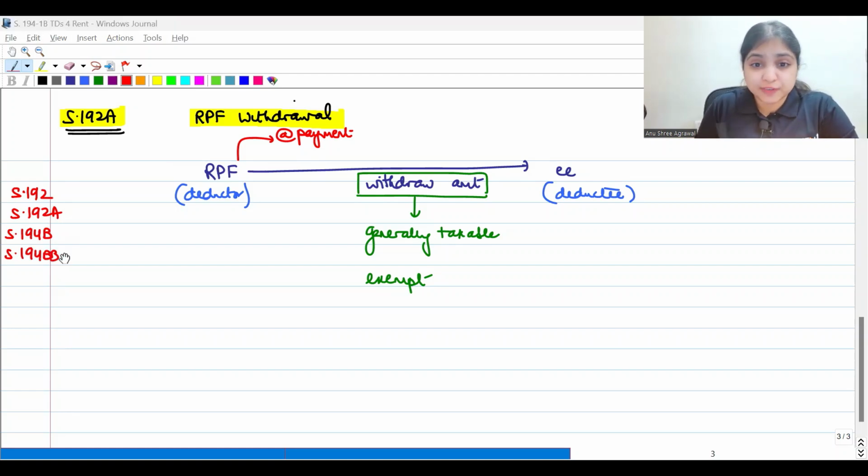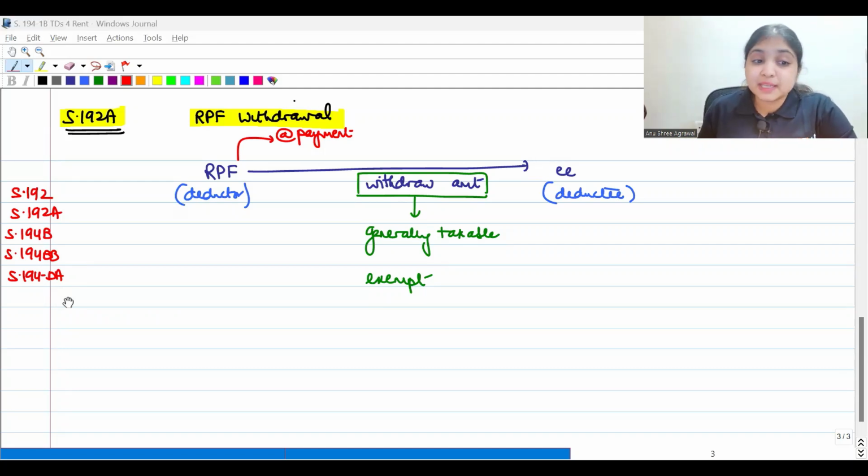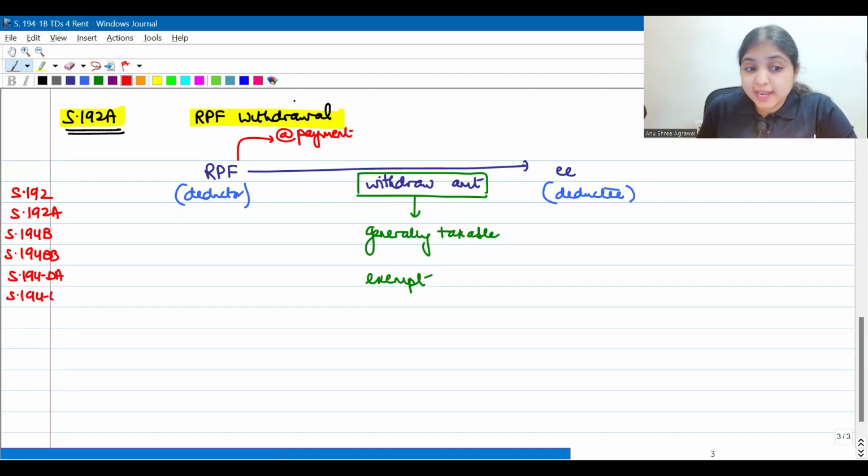In these sections also we deduct tax at the time of payment. Then remember we had learnt about section 194DA, maturity proceeds of life insurance policy. Even here tax is deducted at the time of payment. Then we had section 194LA, your compulsory acquisition section. Section 194N, cash withdrawals. In all these sections we have seen tax to be deducted at the time of payment.